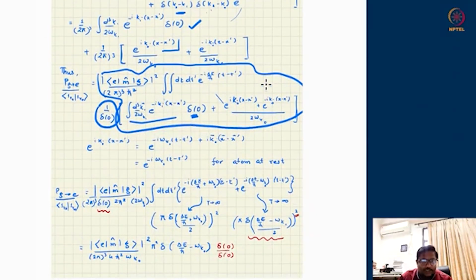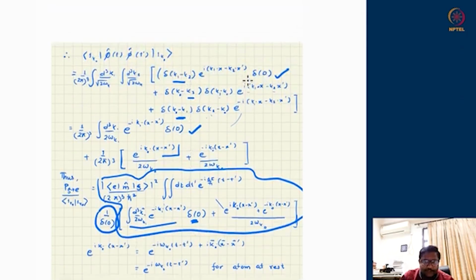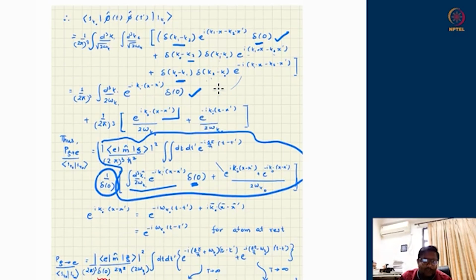So this is the 2-point function of the vacuum. This gets multiplied with delta 0 because this integral itself was coming with the delta 0. But fortunately, since we are looking at the normalized probability of transition, 1 over delta 0 also gets multiplied. So these delta 0 and that delta 0 exactly cancel each other.